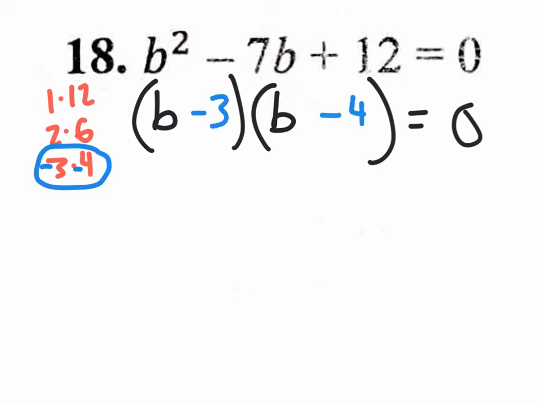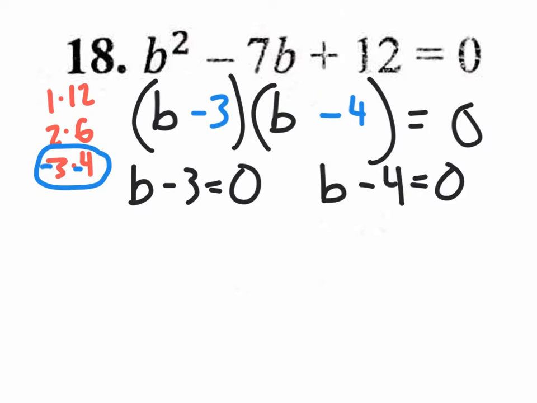Now, the reason why I want to be able to factor it is because when it's equal to 0, now we could use the zero product property. The zero product property says if I have something times something and it equals 0, this first something could be equal to 0, or this second something could be equal to 0. So what ends up happening with the zero product property is you take two binomials that you're multiplying together and you could split them, set them each equal to 0.